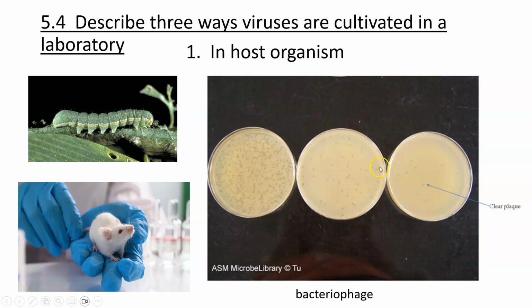This picture right here is something that I've done a lot, and a lot of viral research has been done in this way. These are agar plates, just like your petri plates that you would grow bacteria on. The cloudy stuff in the background is bacteria, and then you can see there's these dots on there. All the stuff in the background in between the dots is bacteria. We call it a solid lawn of bacteria.